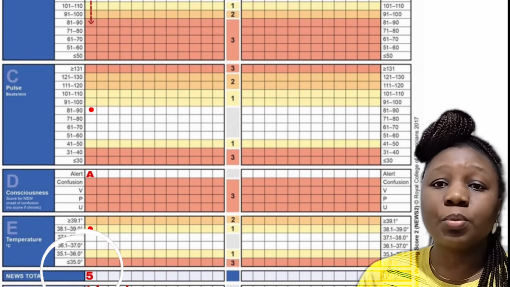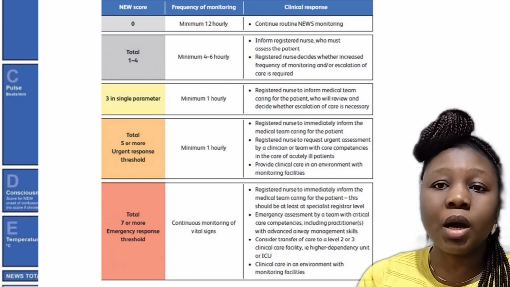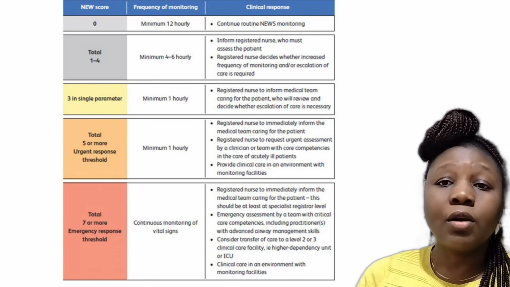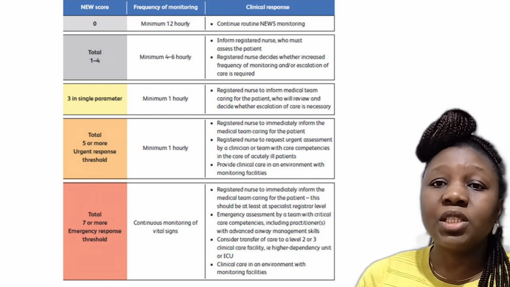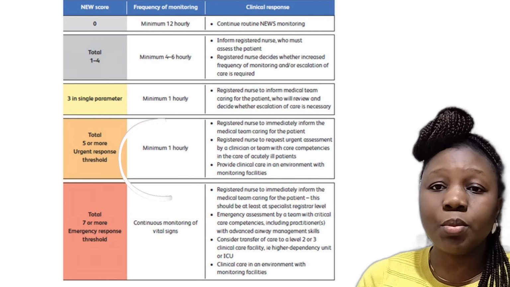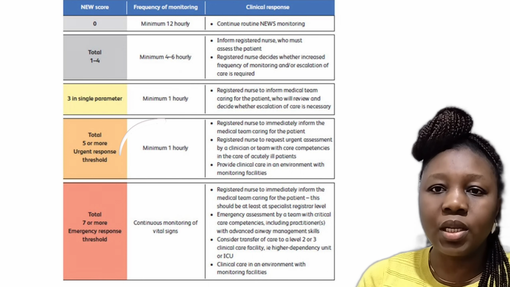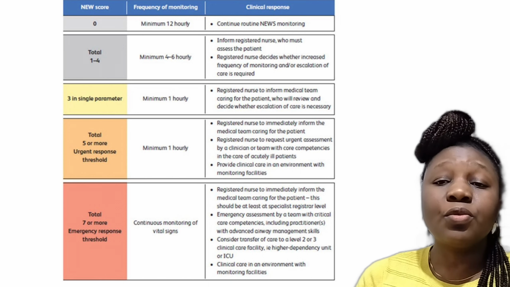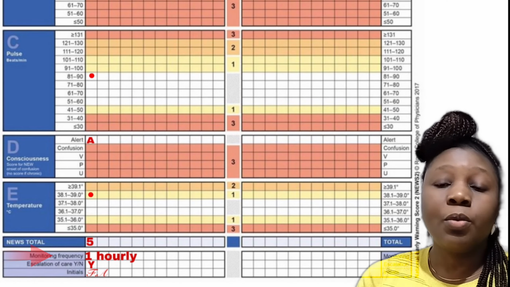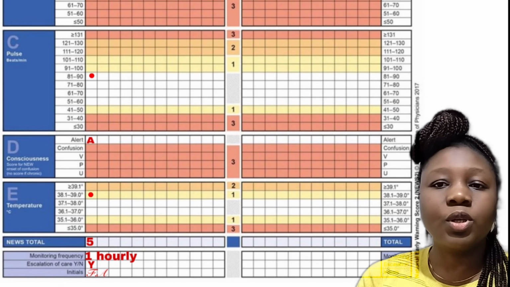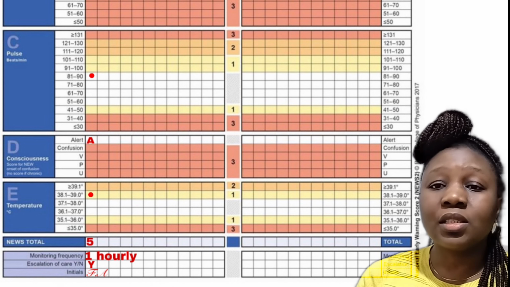Now, for us to know the monitoring frequency, we turn to the back of the chart. At the back of the chart, it says that for a score of 5, we'll be monitoring that patient a minimum of 1 hourly. So for our monitoring frequency column, we're going to put 1 hourly. The box is small, of course, so we can write that in a shortened form.